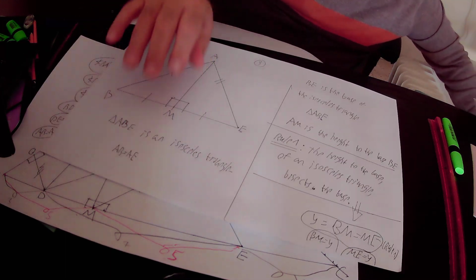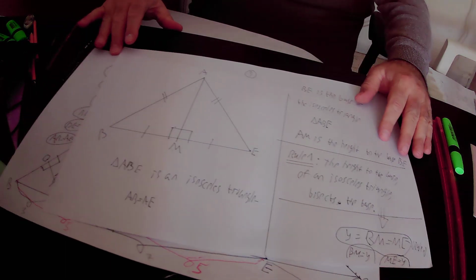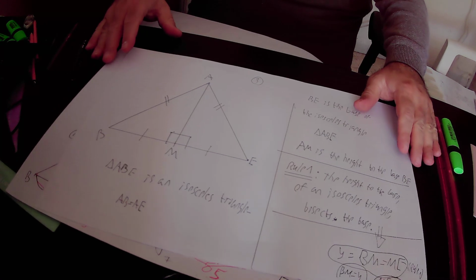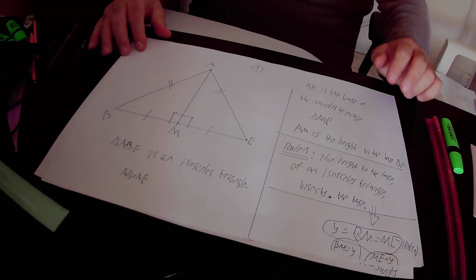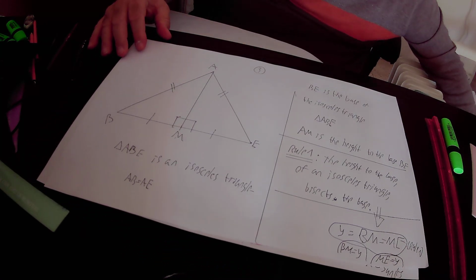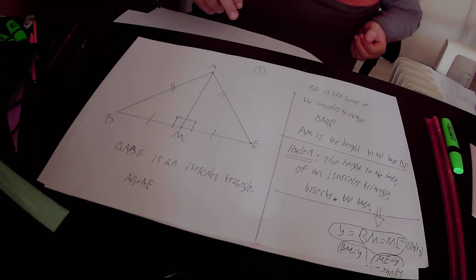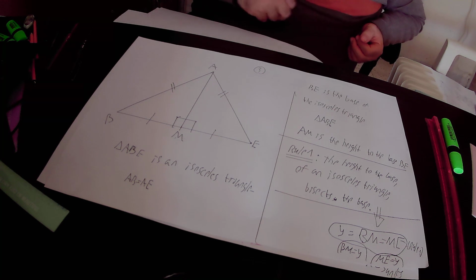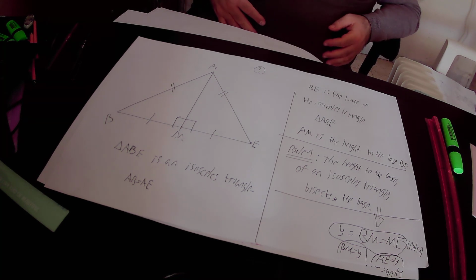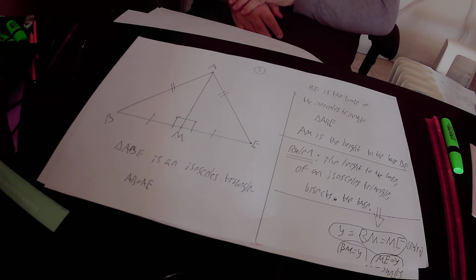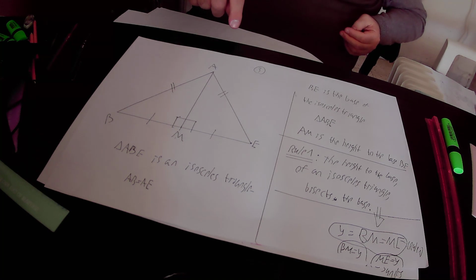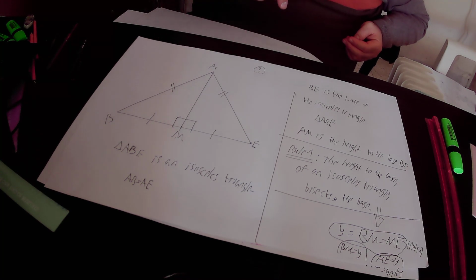Then we focused on the isosceles triangle ABE. Why is triangle ABE an isosceles triangle? Because AB equals AE. Therefore, it is an isosceles triangle. From point A, we have a perpendicular to BE.